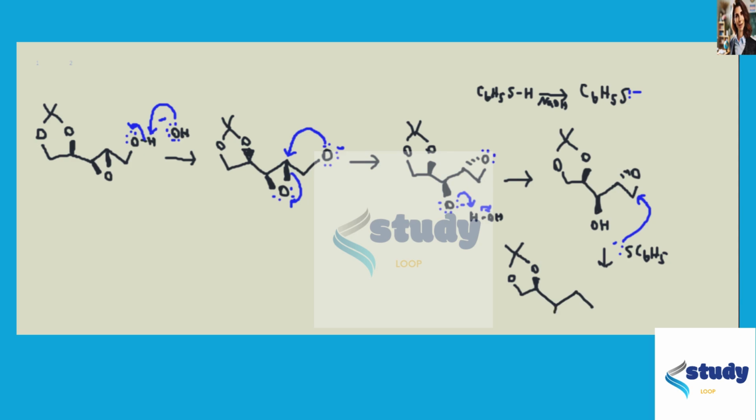And so we will end up with this. This oxygen has an extra lone pair and has a negative charge, and the very last thing that we need to do is protonate that oxygen.